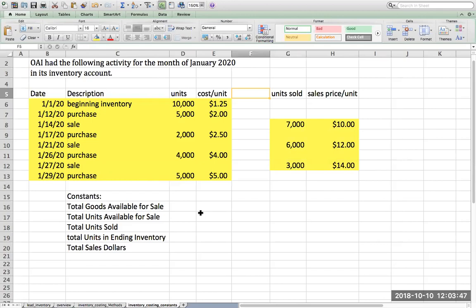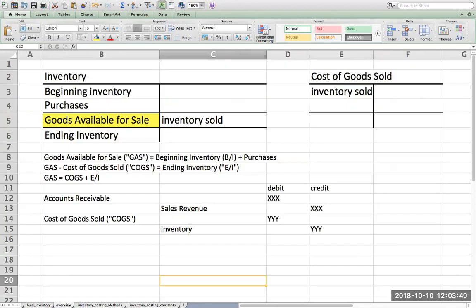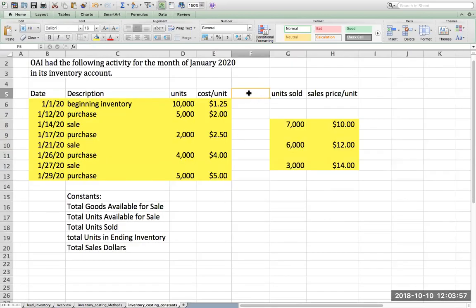And what does that mean? Well, if we go back here, what are goods available for sale? It is my beginning inventory plus my purchases. So right here, if I take my units and then my cost per unit, I'm going to take 10,000 times $1.25.